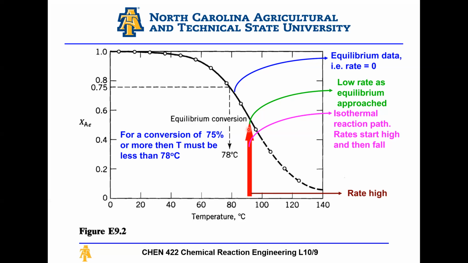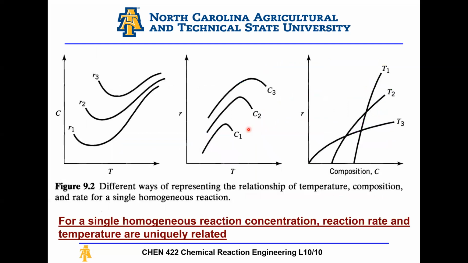Okay, so now let's introduce 3 new charts, and these charts show temperature, composition, and reaction rate as functions of each other and as a function of temperature. On the left-hand side here, I have a chart showing the composition versus temperature: composition on the y-axis, temperature on the x-axis, and I have 3 locuses, or 3 lines, for 3 different reaction rates.